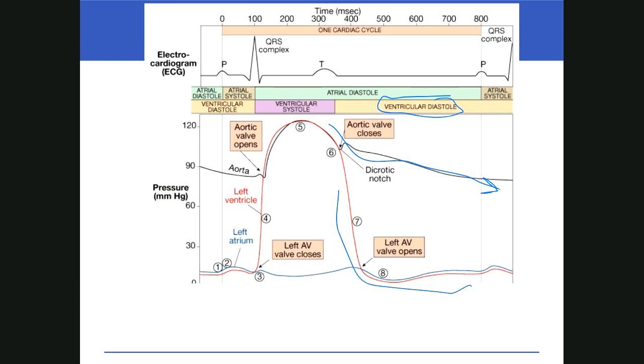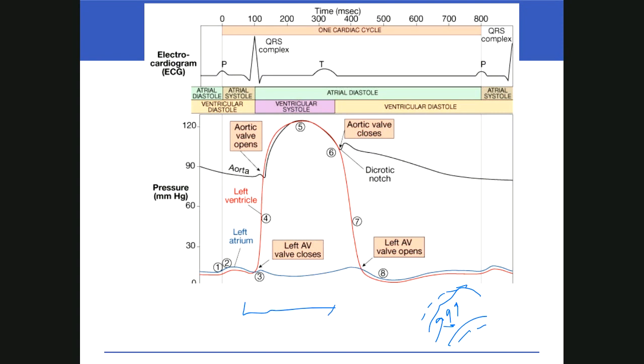Remember, we said that the reason why is because of the walls of the aorta. They're like little rubber bands. And when you push blood into the aorta, the walls bulge out. It's like stretching a rubber band. Now, when you release a rubber band, here it is stretched, it goes back to its original length. And the same thing happens here.